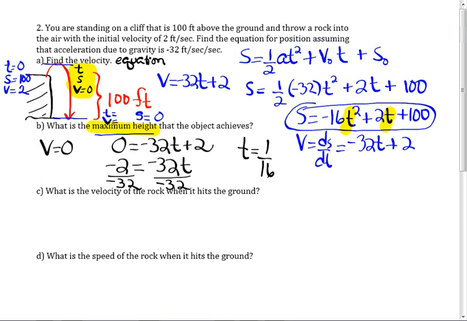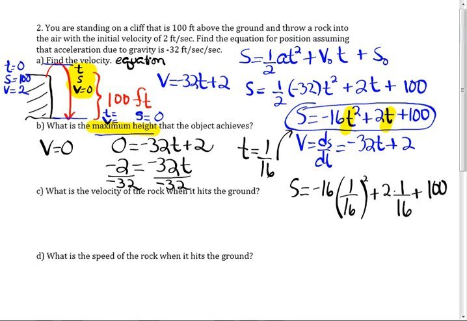Okay, so what's the height? I'm going to put it right in here for t into my position equation. So s is equal to negative 16. Now I don't have a calculator handy. Well, I kind of do, but I don't need it because arithmetic's pretty easy.